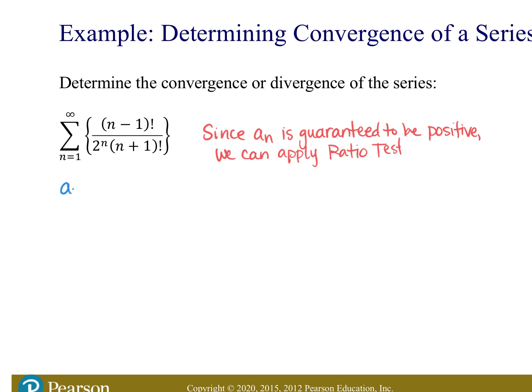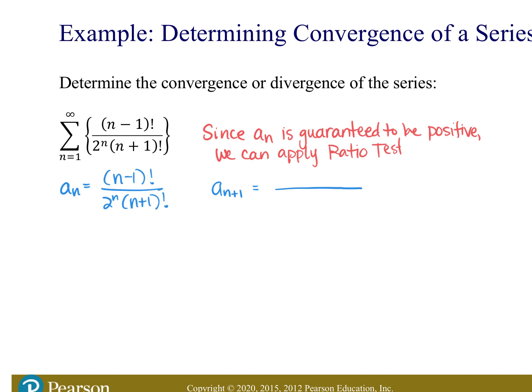A sub n will be the given term, so it'll be n minus 1 factorial over 2 to the n and n plus 1 factorial. A sub n plus 1: I need to add 1 to every n in the equation. All right, so Rain, add 1 to the n in the numerator. What will you get?